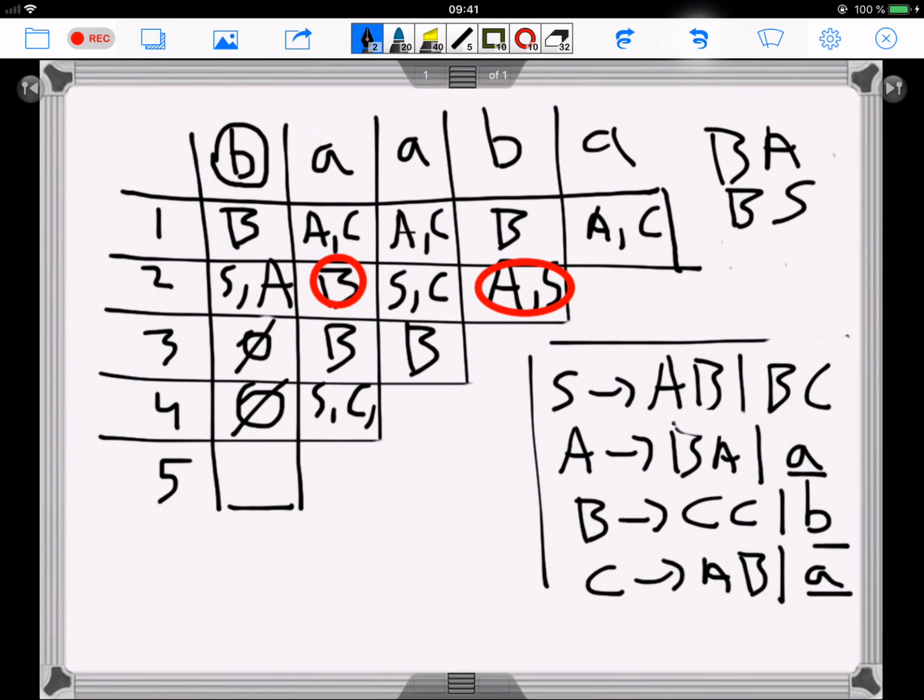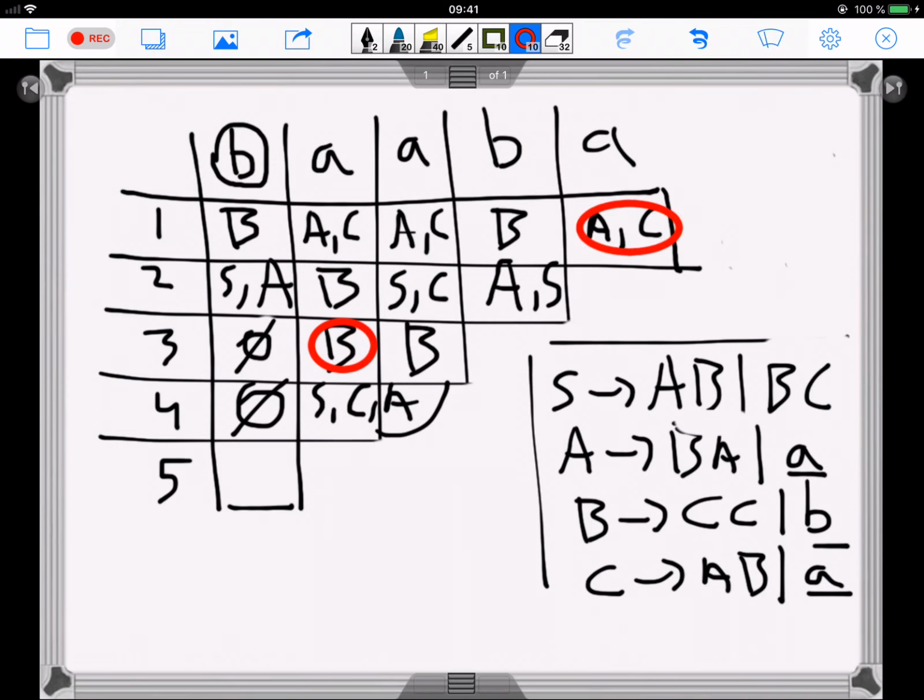Well, let's get rid of that, and then I include the A here. And the last possibility is B with A and C, and that would give us BA and BC. That would include A and S again, but we already have those variables in the cell. Okay, so we don't need to include them again.